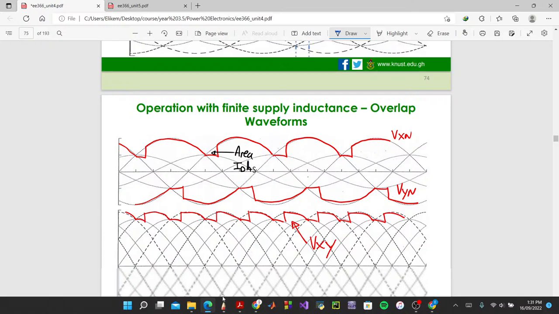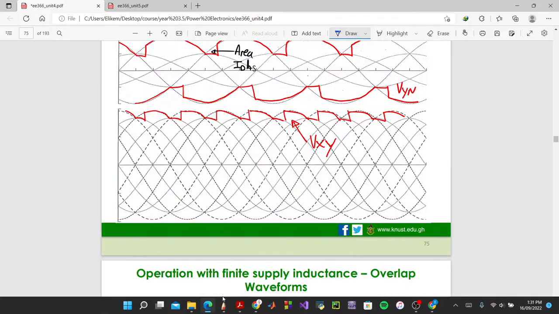Without the overlap, the output voltage looks like this, right? This is what we're seeing here. So this mean value is equal to 3 root 3 E over pi.